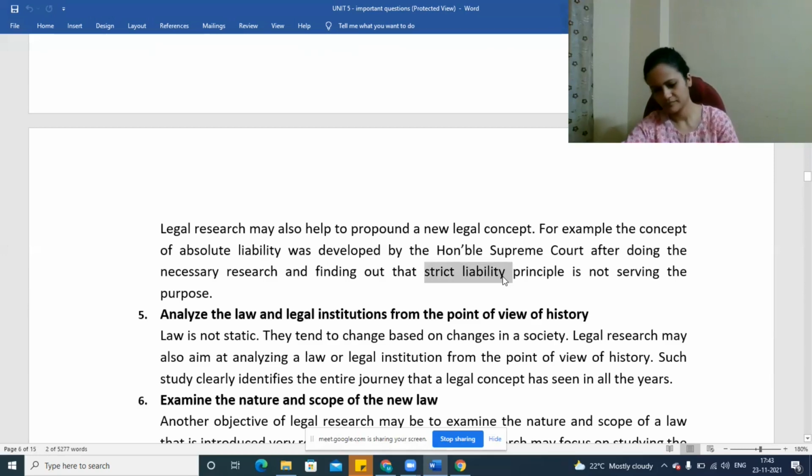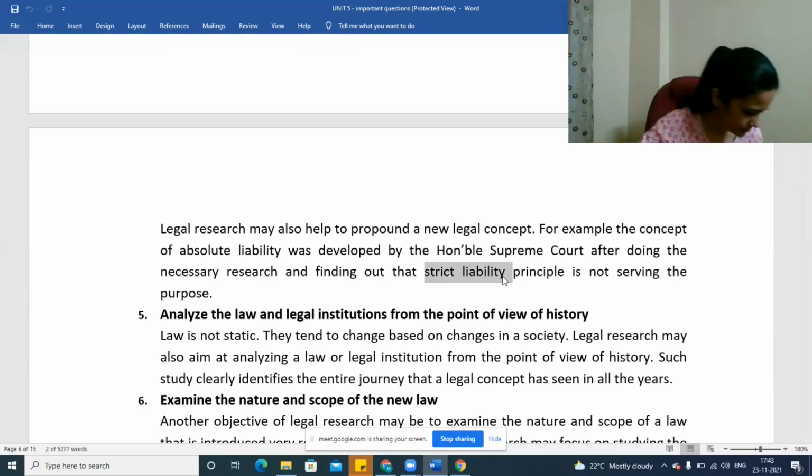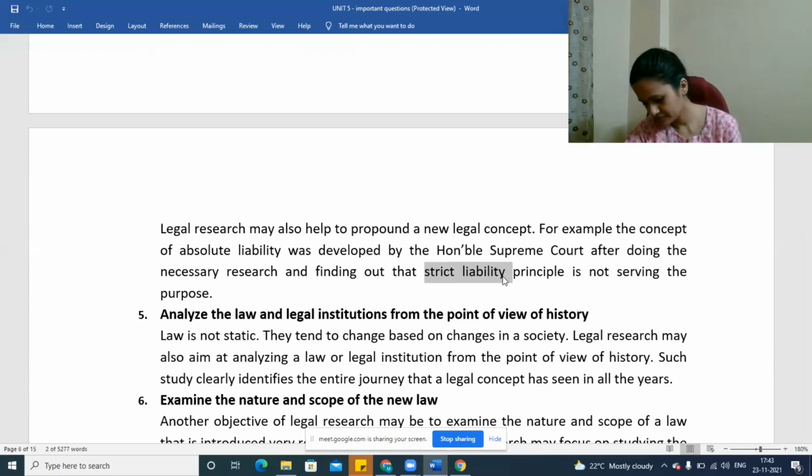Strict liability. I don't know the definition, but I know the meaning. Yeah, you can tell the meaning, I don't need the definition. It's like, in the case of compensation, people pay compensation for the damages in the case of fault or something.